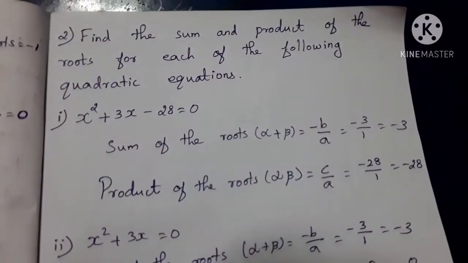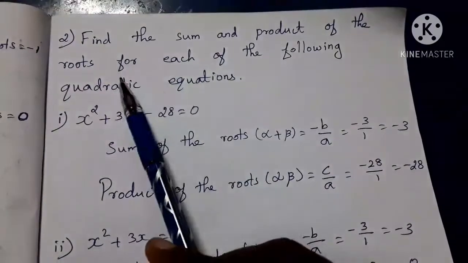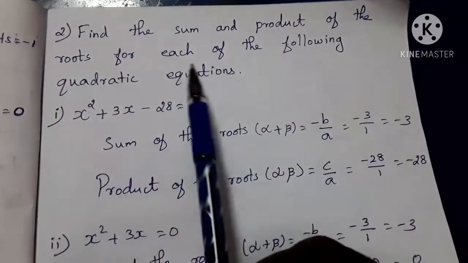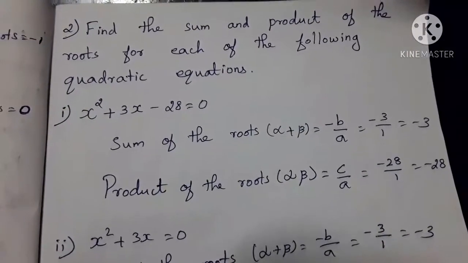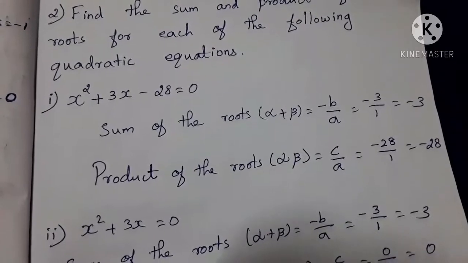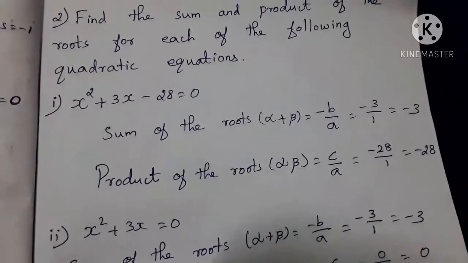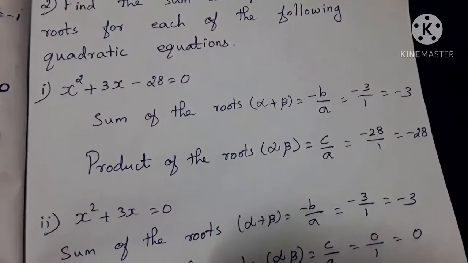Next we will see question number 2. Find the sum and product of the roots for each of the following quadratic equations. In the first question, they gave the sum and product of the roots and we formed the quadratic equation. Here they give the quadratic equation, and we have to find the sum of the roots and product of the roots.